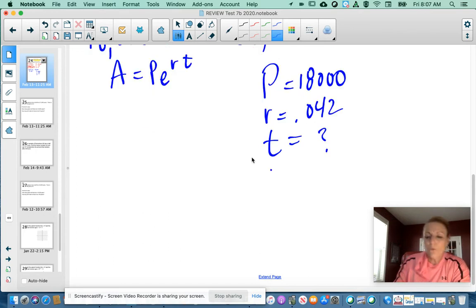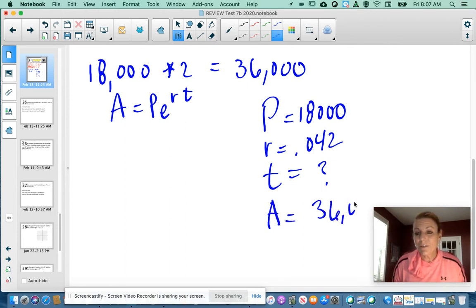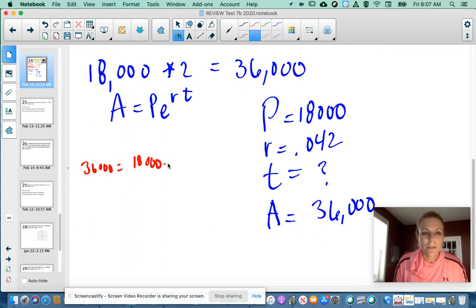They were plugging in 6. We don't know T. But guess what we do know? We now know A. It's 36,000. So if I plug that in, I get 36,000 equals P e to the RT. What does this look like? To me, it looks like an exponential equation, and we want to solve for t.